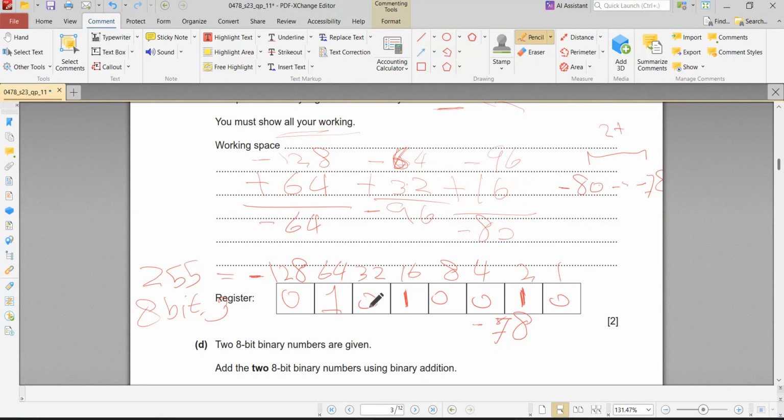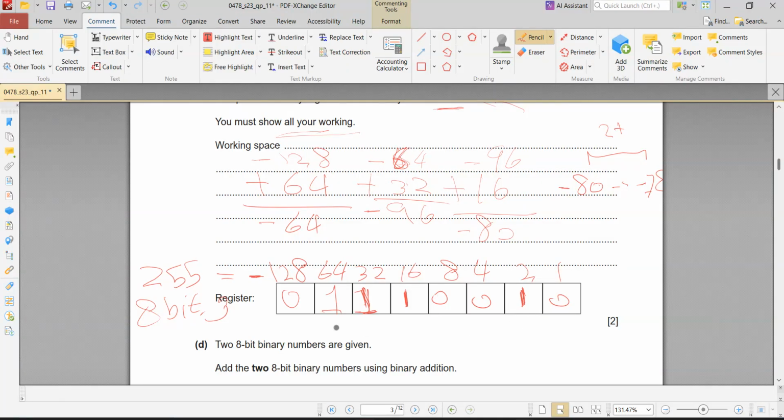So this is how you can answer the question of the register. So we have 1 here because we have used the 32 up here to find my number. So this is how you can answer the two's complement question. So this is your register, how it should look.